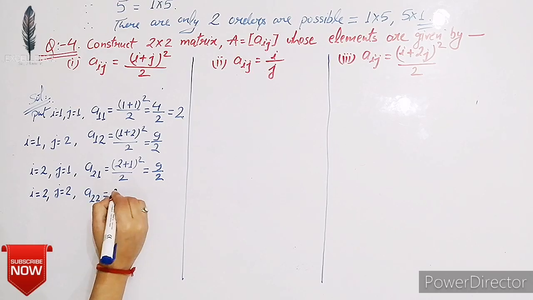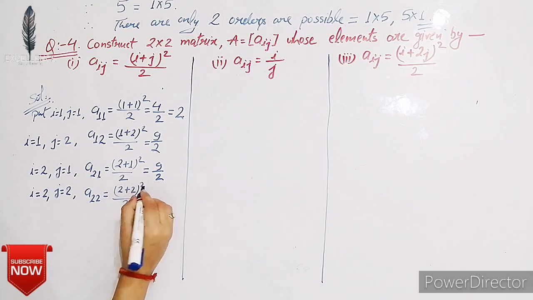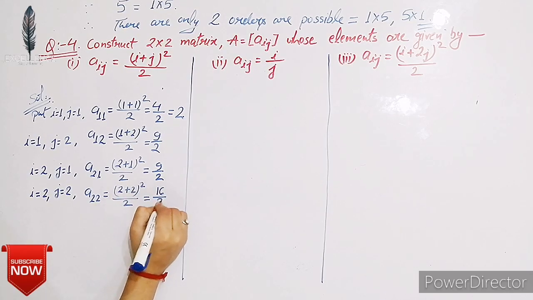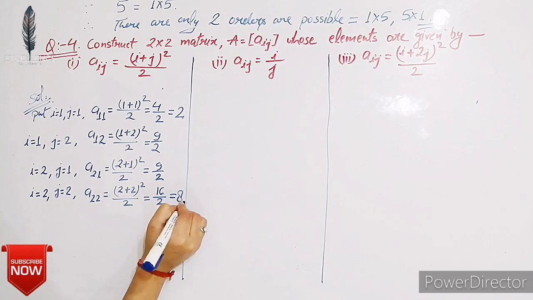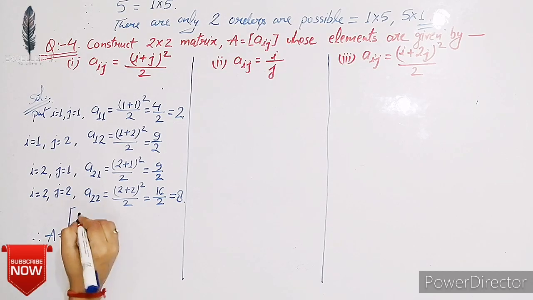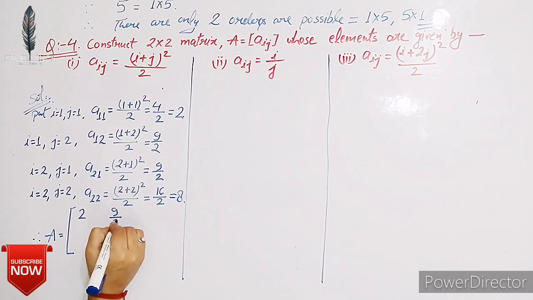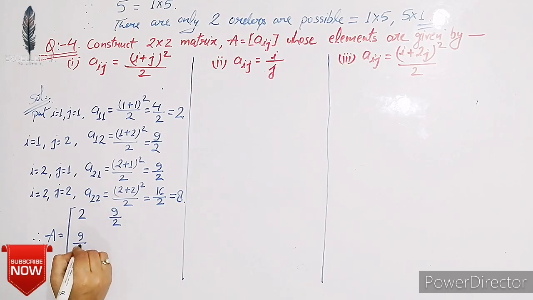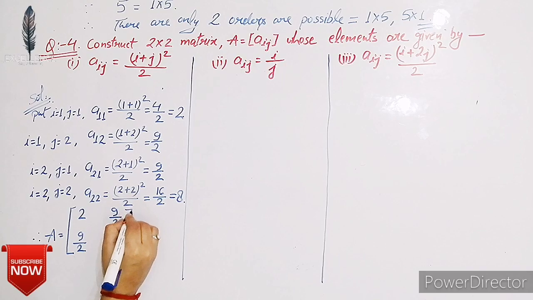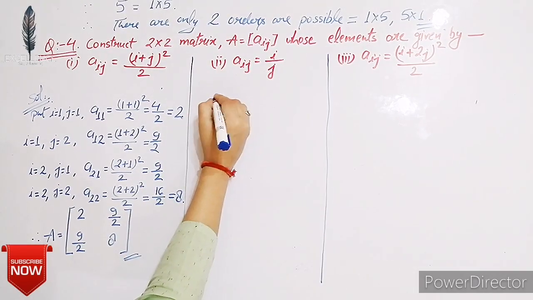A22 equals (2 plus 2) whole square upon 2. 2 plus 2 is 4, 4 square is 16, 16 upon 2 equals 8. OK, so our matrix A equals: first element 2, second element 9 by 2, third element 9 by 2 and last is 8. OK, clear? Same, we will see the second part.